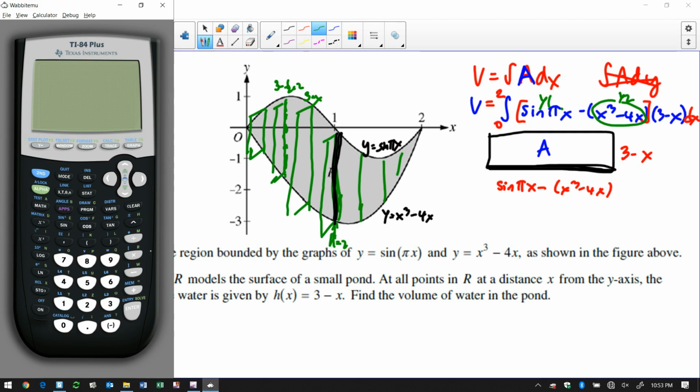So let me get my calculator out. If I look at y equals, I already have sine pi x here and x cubed minus 4x here. So what I need to do is go to my home screen, second quit, do a math 9, and then just copy what I have here. I want to go from 0 to 2, and I want to put in the integrand, which is y1 minus y2.